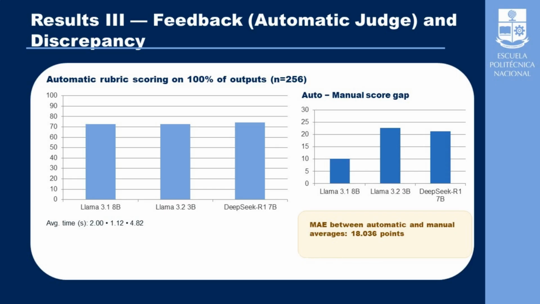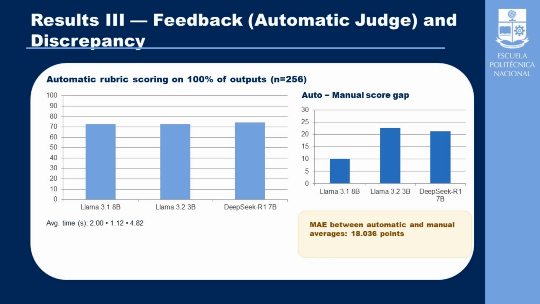However, the key insight is the discrepancy between automatic and manual scoring. When we compute automatic minus manual, the gaps are large: plus 10 points for Llama 3.1, plus 22 points for Llama 3.2, and plus 21 points for DeepSeek R1 with 7 billion.